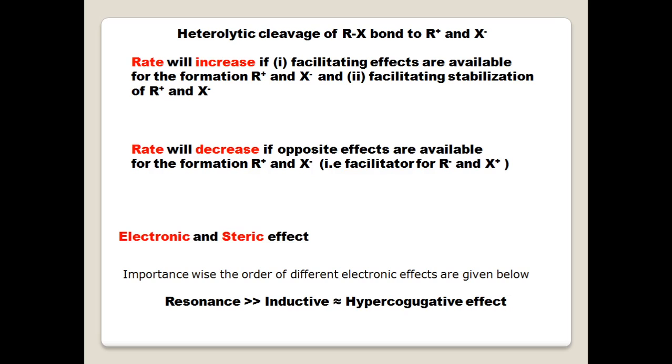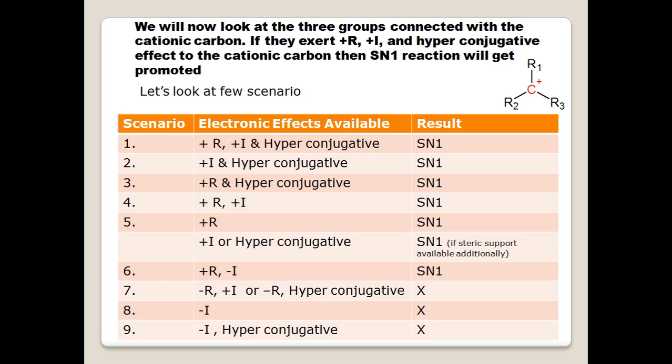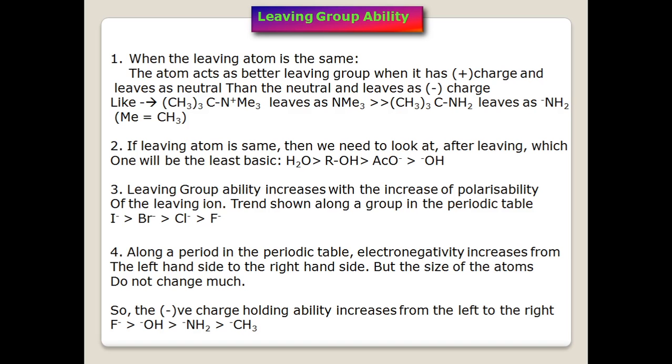All these three effects will facilitate SN1 reaction, but the resonance is having the most priority. Anyway, here in this chart I have given many permutations and combinations of when the SN1 reaction can occur and when not. You please go through this chart.